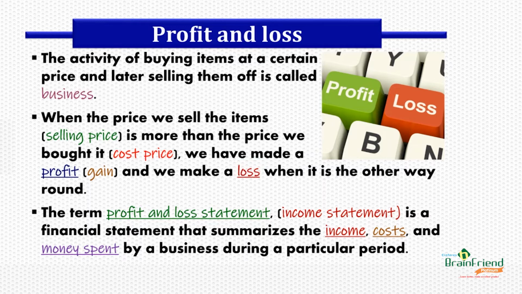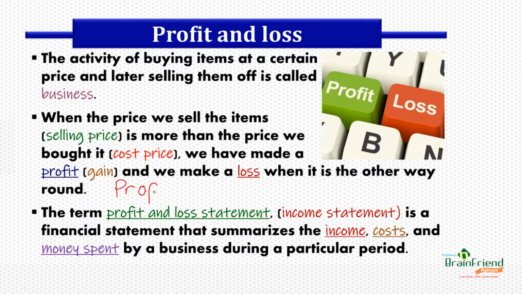We can actually attach formulas to profit and loss, but there are important terms we must take note of. These terms are selling price and cost price. The selling price is the price a trader sells his or her item, while the cost price is the price for which he or she buys such item.